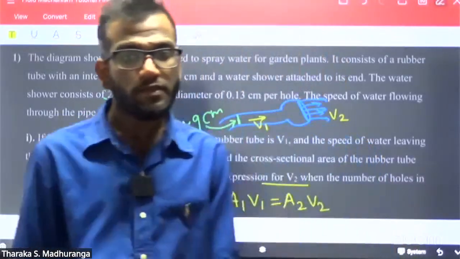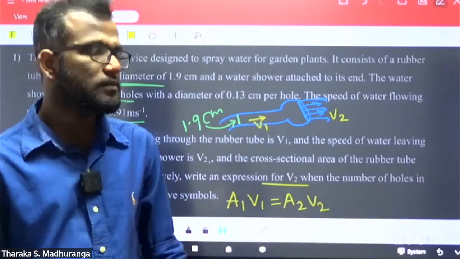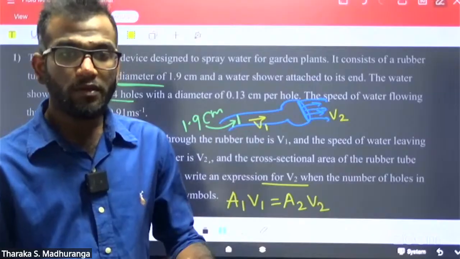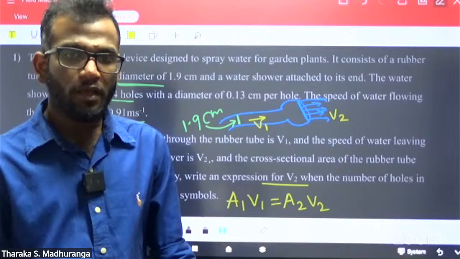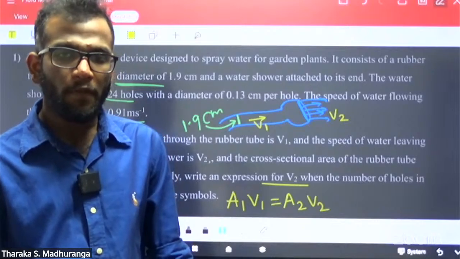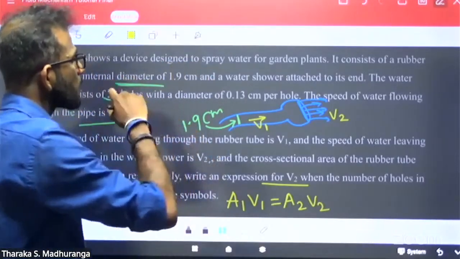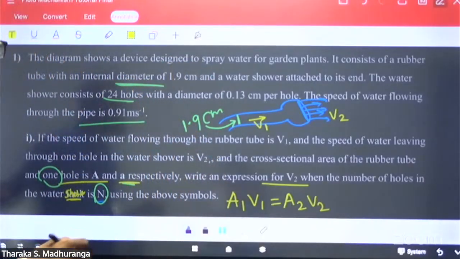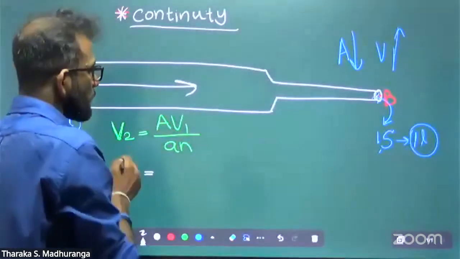The radius is 0.95. Okay, the radius is 0.95.